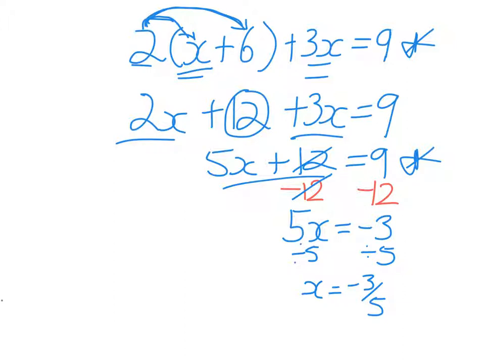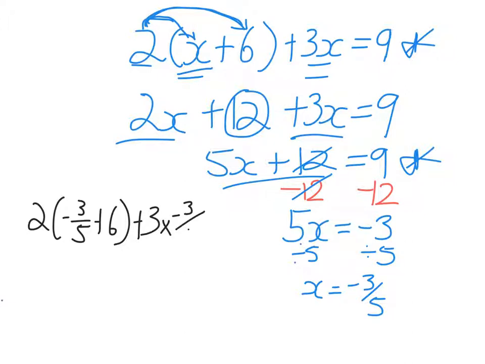Again, I can check my solution by substituting this into my original equation. I can use my calculator to do this as well. So I have 2 times (negative 3 over 5 plus 6) plus 3 lots of x. I do the brackets first.